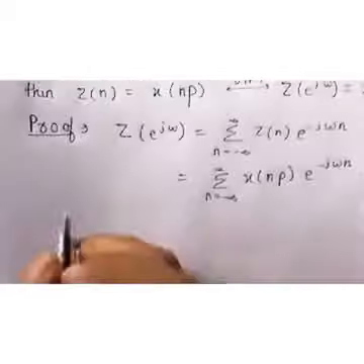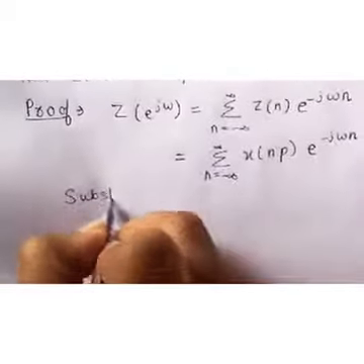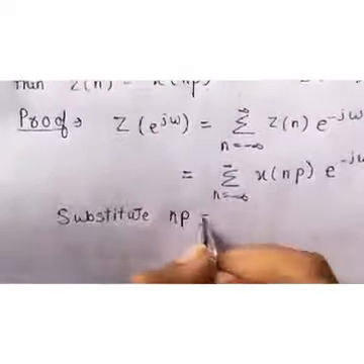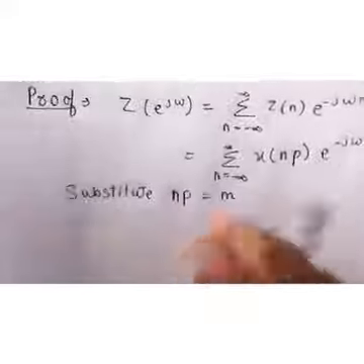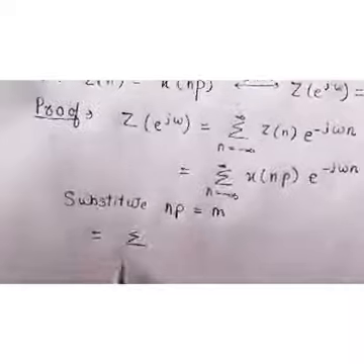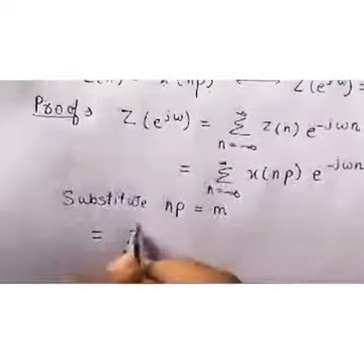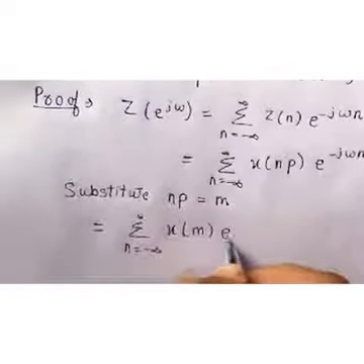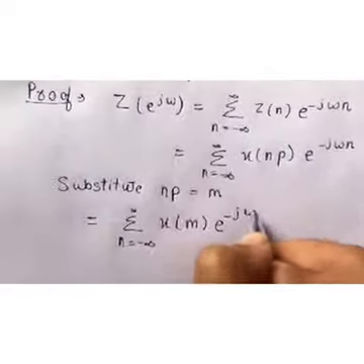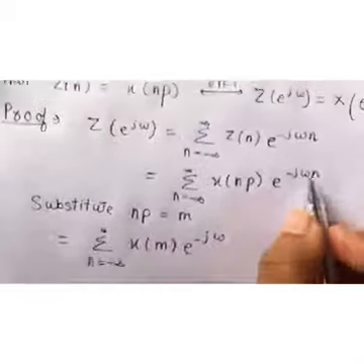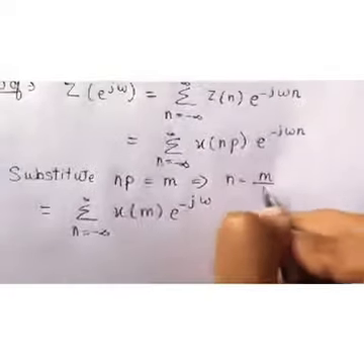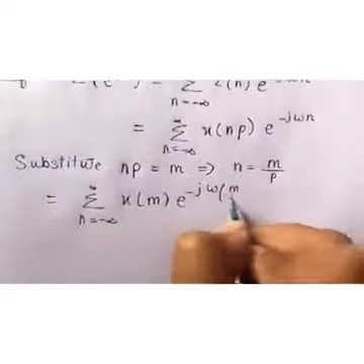By substituting np with another variable m, we get e to the power minus jω, and here n is equal to m over p. So, m over p.